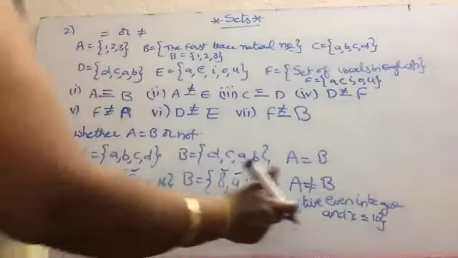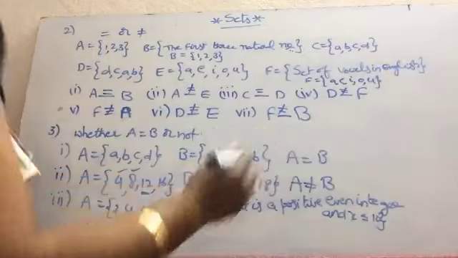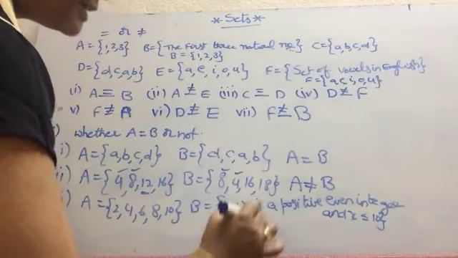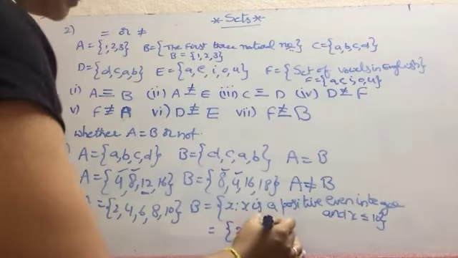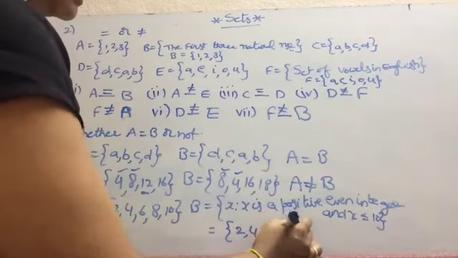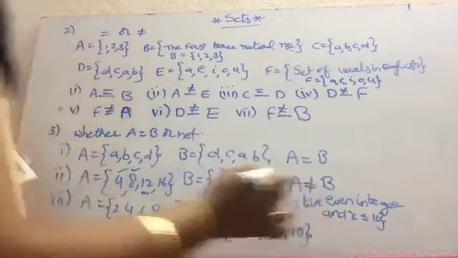What is given? x is a positive even integer and x is less than or equal to 10, then what is the set? {2, 4, 6, 8, 10}.